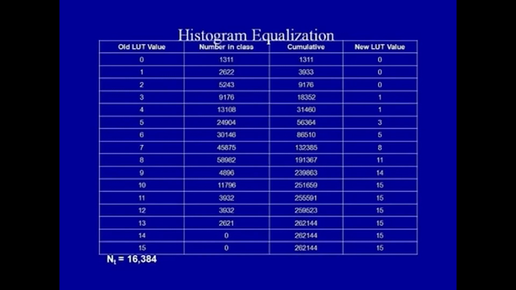So, taking the target value of 16,384, we now look at the cumulative frequency values at each brightness level. At brightness level 0, the cumulative frequency is 1311, which is far less than the identified target pixel value, that is NT.